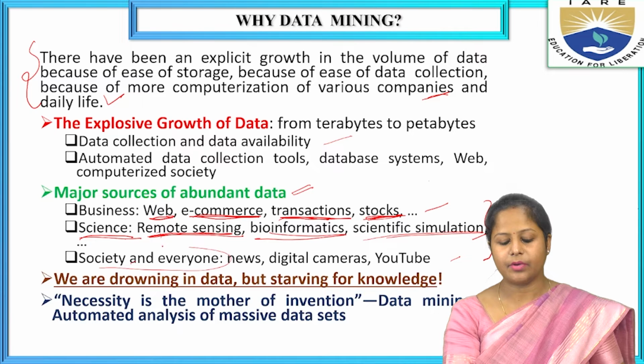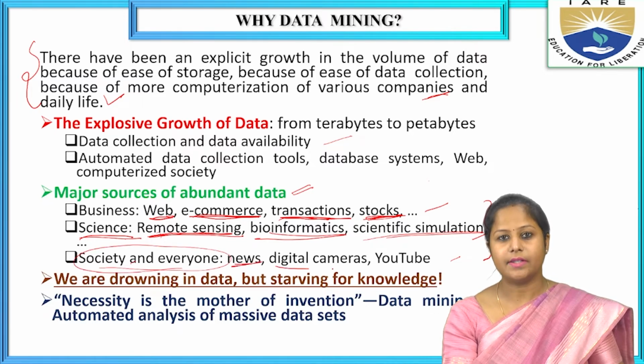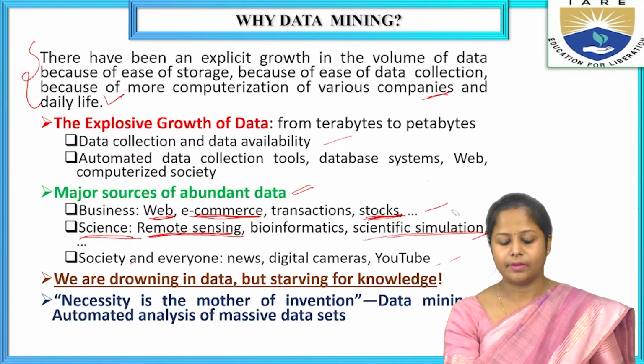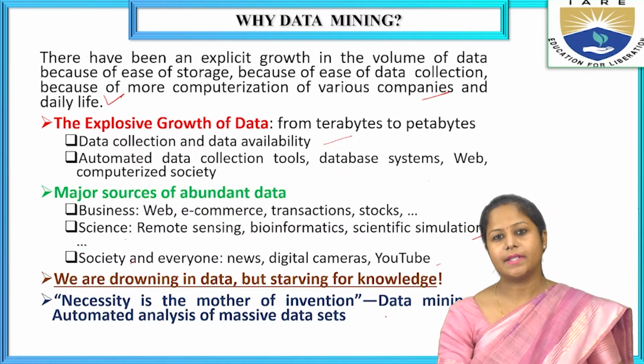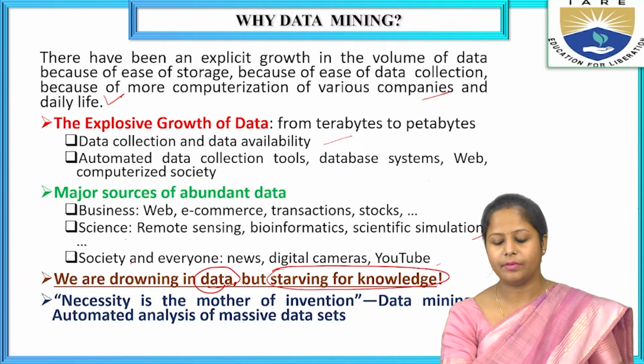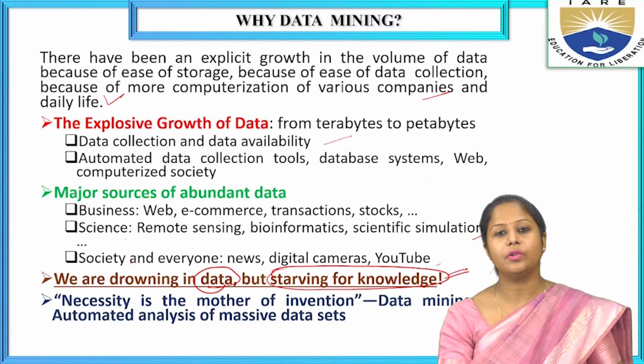From society, we are using news data, digital camera data, and different social media channels data like YouTube and others. So, we can say we are drowning in data but starving for knowledge. We are taking some new useful information from that raw data.